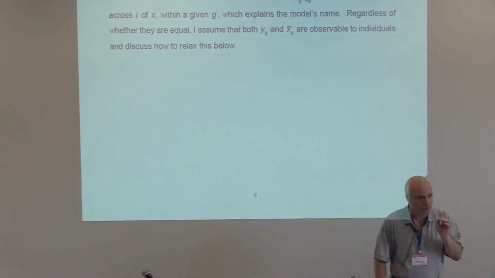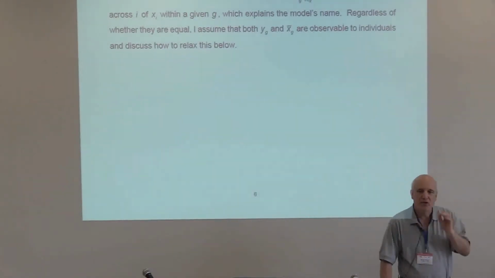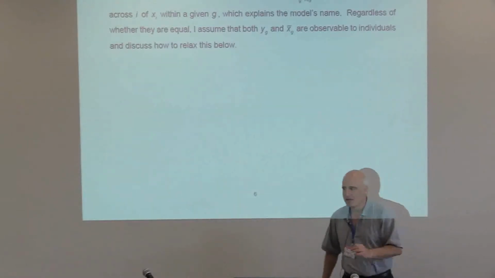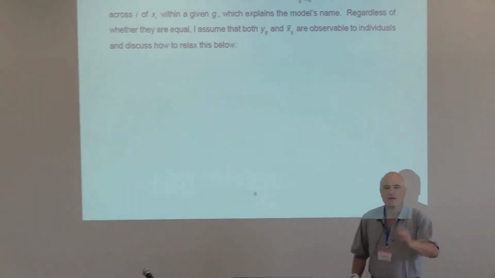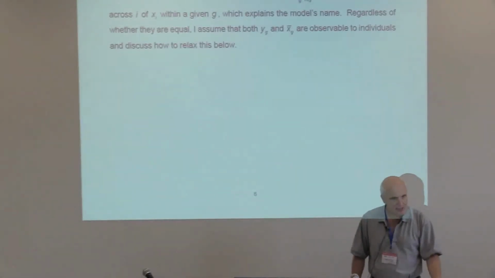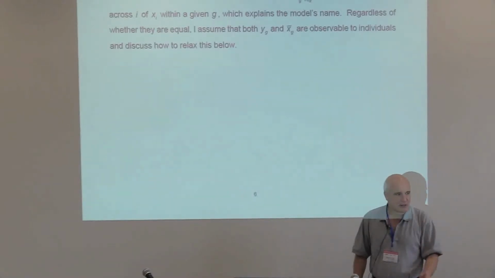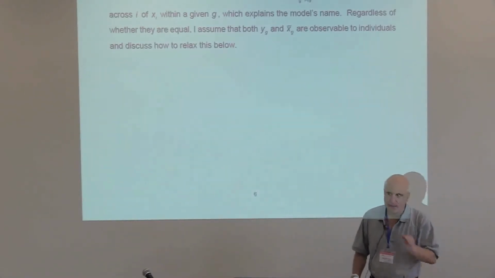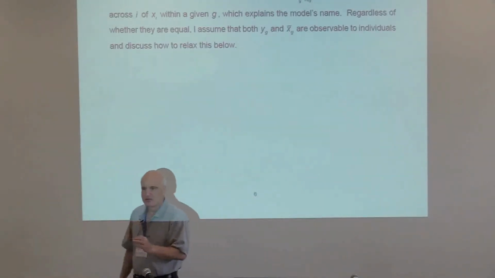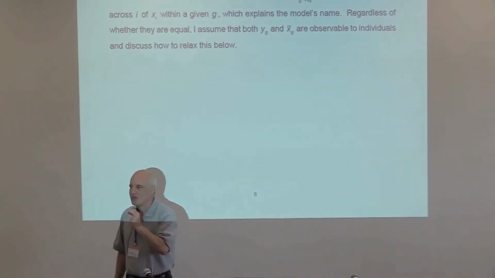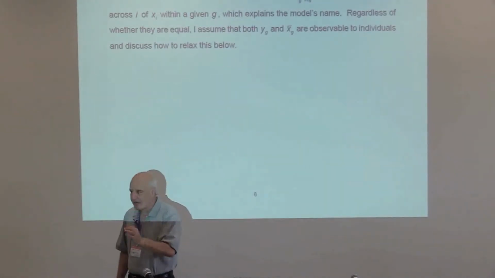Now, this is a very important point. In the original formulation of the linear-in-means model, there was an additional restriction placed on the relationship between the contextual variables y and the individual variables x. Specifically, the Manski formulation made the following assumption: it assumed that the contextual variables are the averages of the individual level variables.